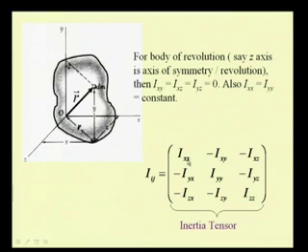We have Ixx, Iyy and Izz, the second moments with respect to the axes x, y and z, and the product of inertia terms Ixy, Ixz and Iyz. This matrix is symmetrical about the diagonal, so we have the Iyx, Izx and Izy terms in the lower triangle, which are the same as the upper triangle, and we have put a negative sign.